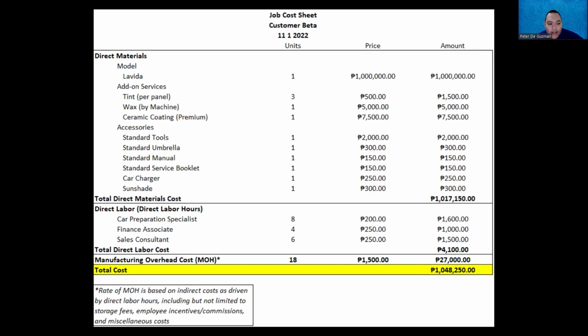Customer Beta, on the other hand, on top of receiving the standard items, the standard accessories, he or she also availed of a car charger and a sunshade accessory as additional protection from the sun. These amounted to 250 pesos and 300 pesos respectively.